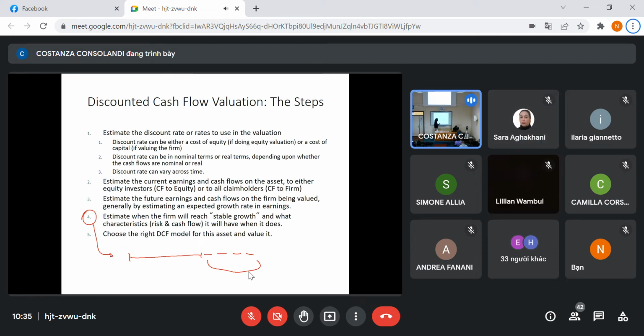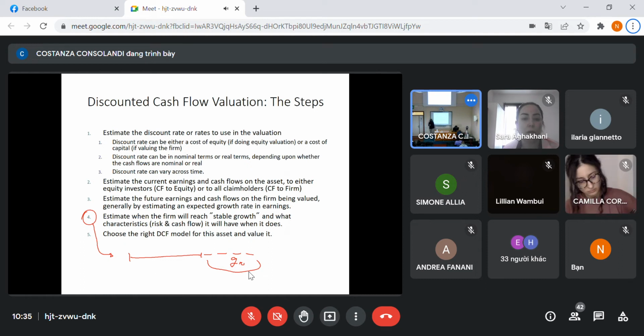So what we need to do is to decide what is the GN, which will be the growth rate of a company in stable growth. And there is a very simple solution for this. One thing you will learn is that company valuation is a very practical tool.